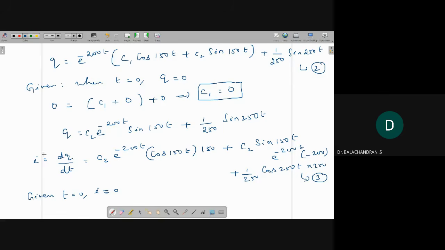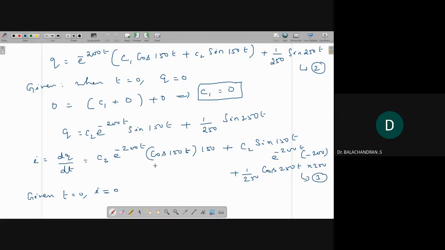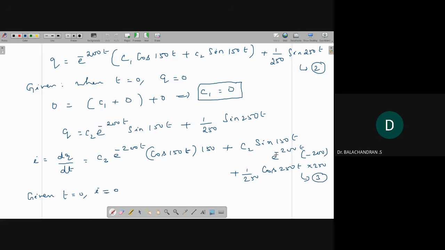So now substitute t equal to 0, I equal to 0 in equation 3. So I'll get 0 equals 150 into C2, and this is 0 because the sine term is here, and here 250 gets cancelled.